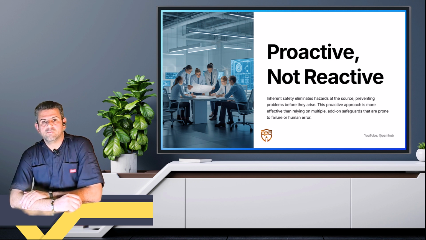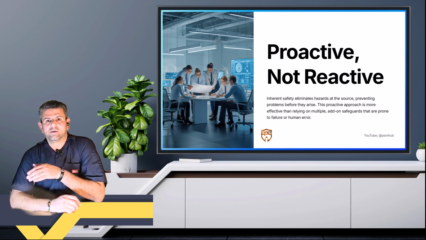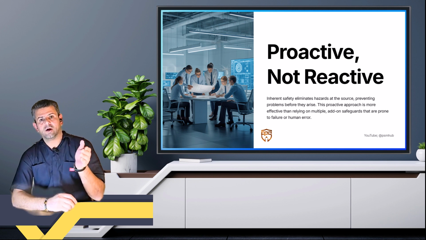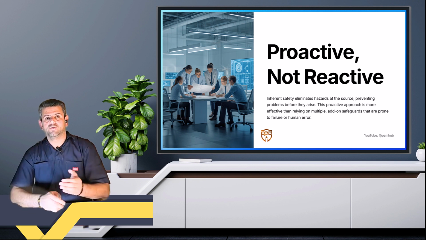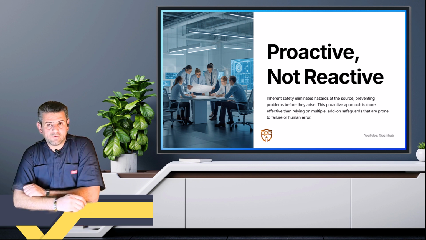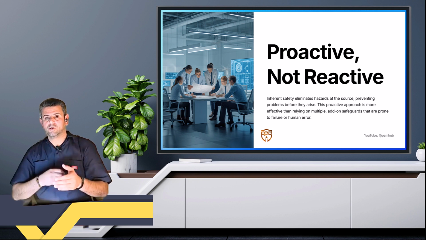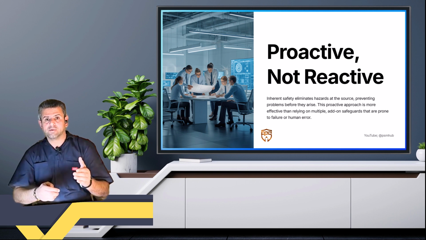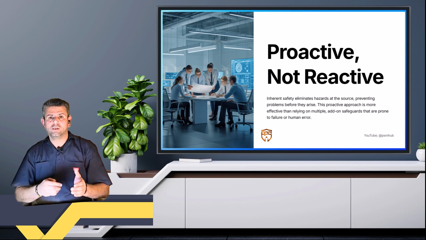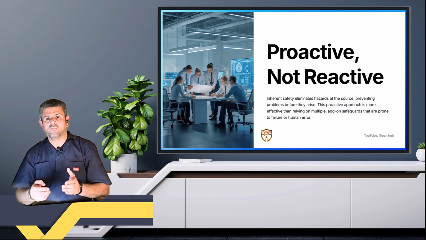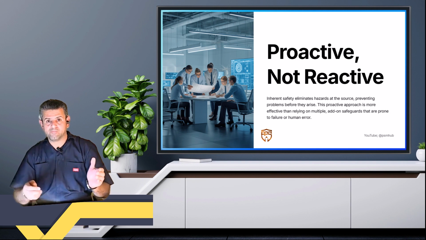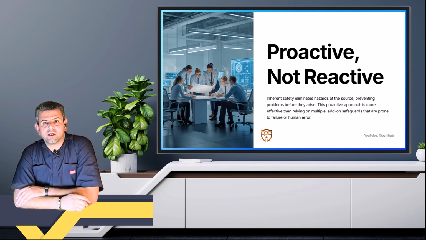This matters because all those add-on safety features, alarms, relief systems, training, and others are prone to failure or human error. But if the hazardous material isn't there or is present only in small amounts, even a mistake won't result in catastrophe. Think of it like this.